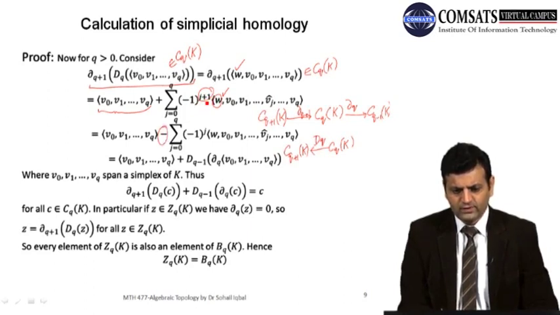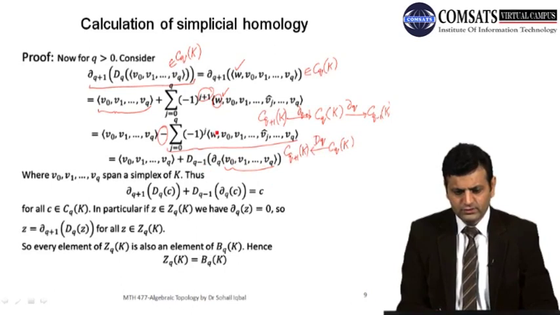Okay, so minus 1 raised to power plus 1 can be written here, and we get minus 1 raised to power j and this. Okay, so what is this expression now? So this expression is basically, first you calculate the boundary of v0 up to vq, and then you add W to it. Okay, so basically what is the boundary of v0 up to vq?